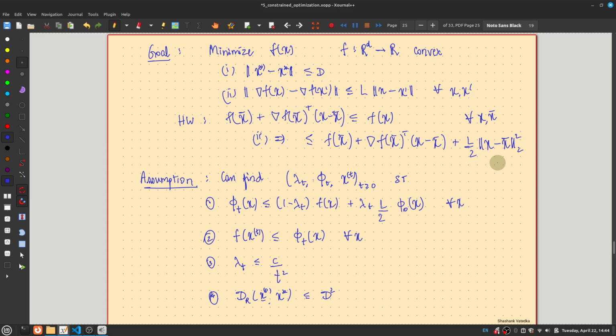Alright, so f of x is in fact sandwiched above and below. It's sandwiched from below by the first order Taylor series expansion, but it's also sandwiched from above by a quadratic term, right? So this in fact says that f is L strongly convex.